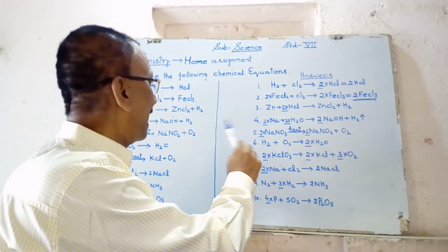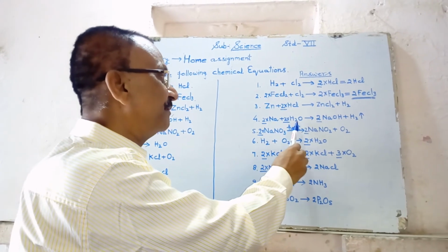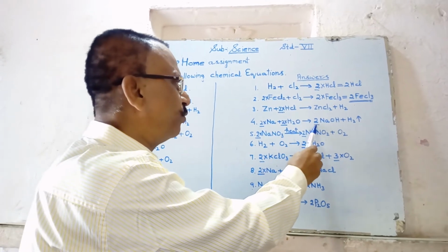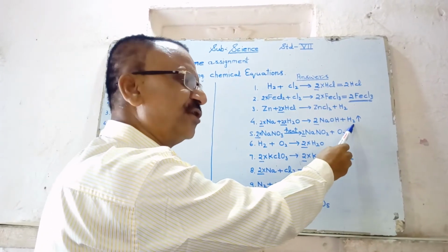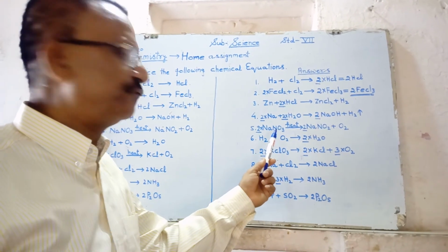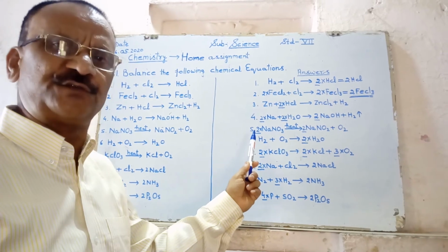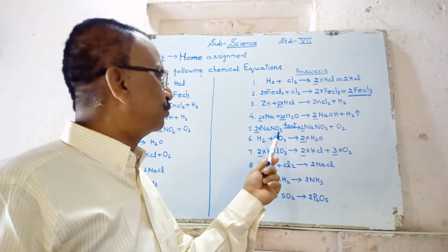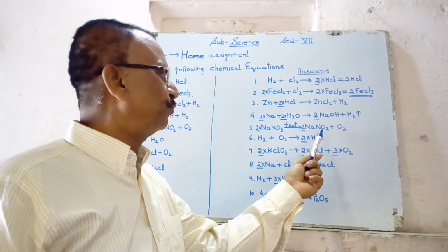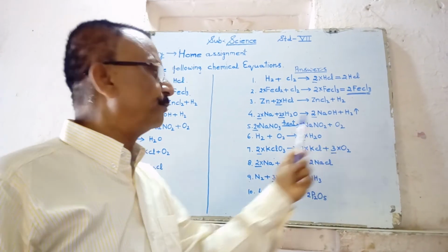Number 4, Na multiplied by 2 plus water H2O multiplied by 2 gives 2NaOH plus hydrogen H2. Number 5, NaNO3, sodium nitrate, should be multiplied by 2 to balance the equation. So 2NaNO3, when heated, gives 2NaNO2 plus oxygen O2.